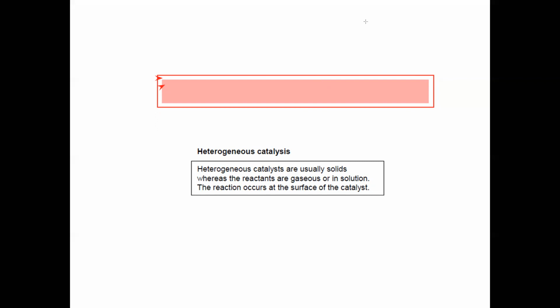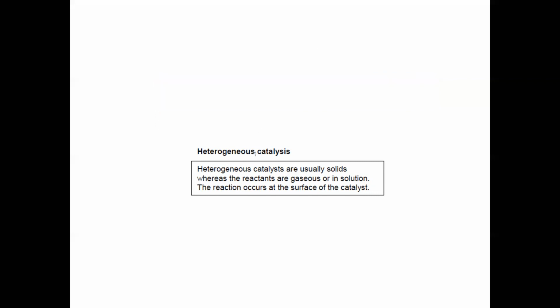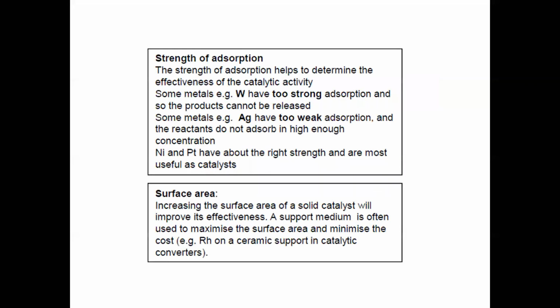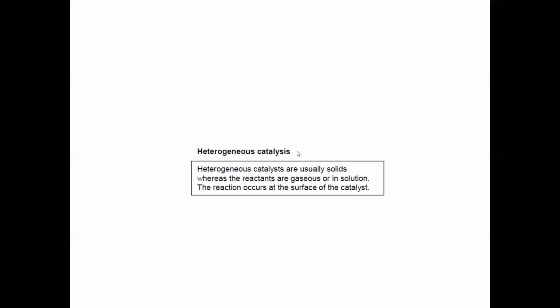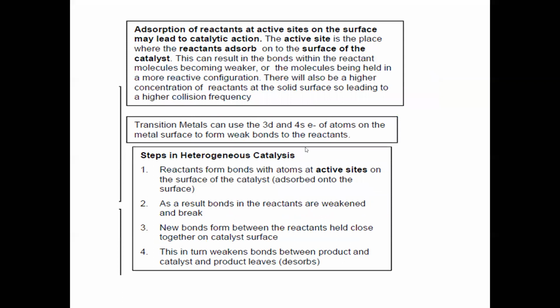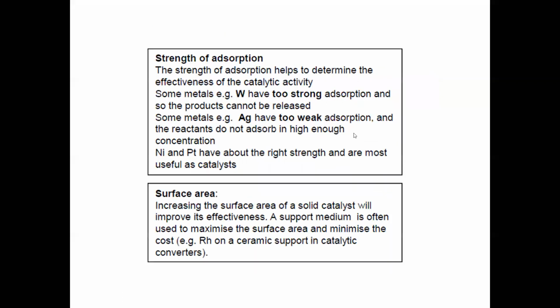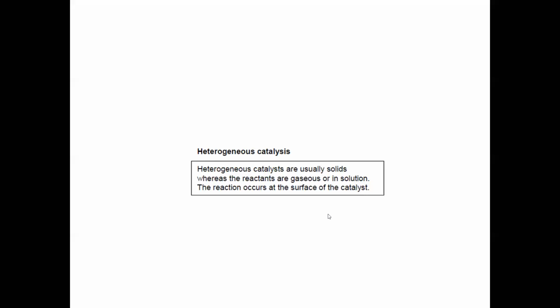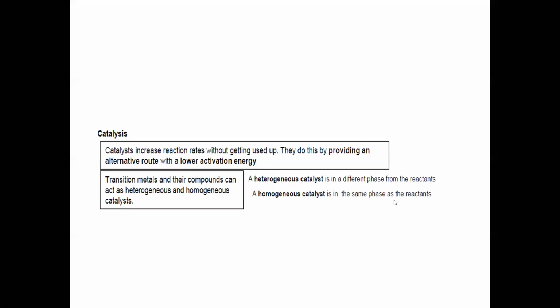So write about heterogeneous catalyst first. What is a heterogeneous catalyst? Then on the next slide you will copy the strength of absorption. First I will explain this and then you can copy, you have 5 minutes. Write the definition for heterogeneous catalyst: they are usually in a different state from the reactant.